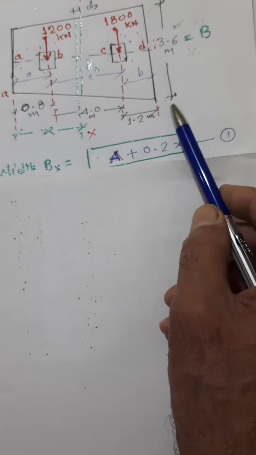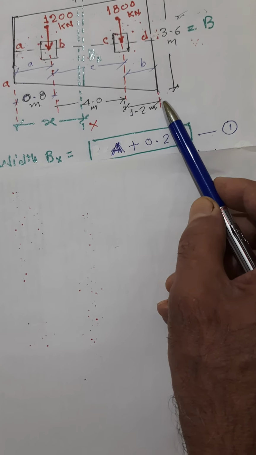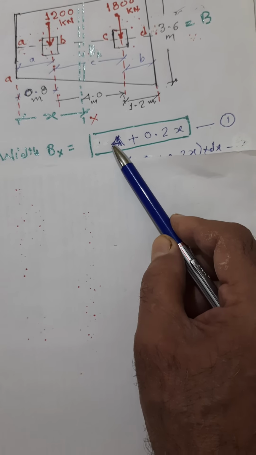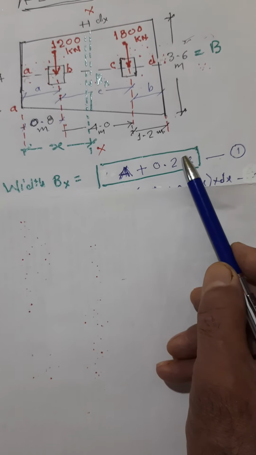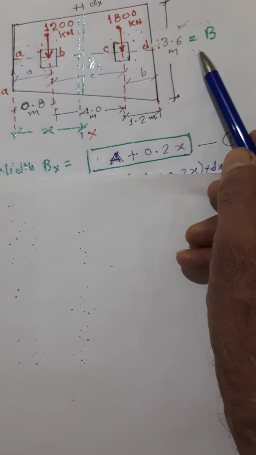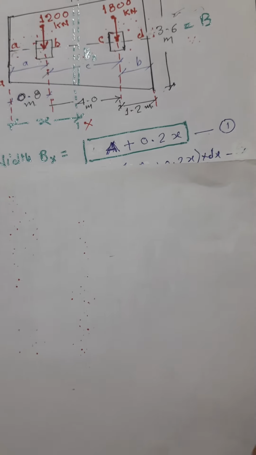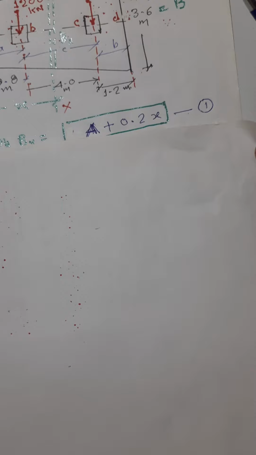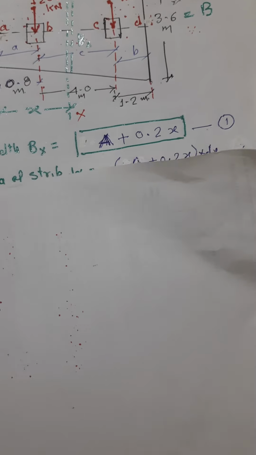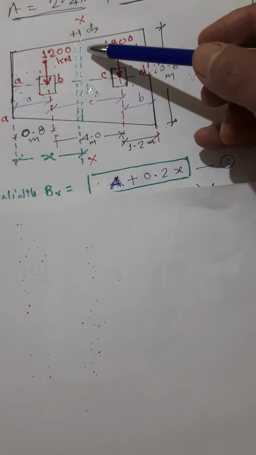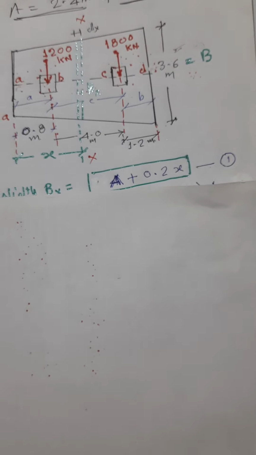If I put x equal to L, that is 6 meter, then put it over here and confirm: 2.4 plus 0.2 times 6, and it will be 3.6 meters. This means this is the general equation that we have framed, and by this equation we can straightaway find the ordinate at any distance x from here.